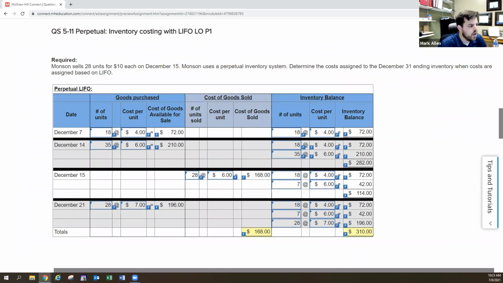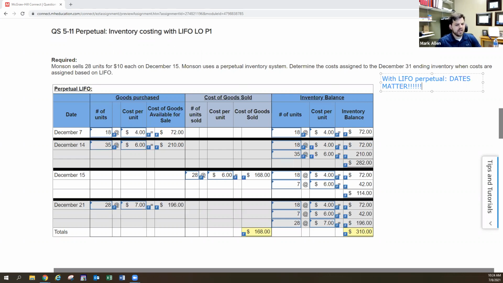Once again, perpetual. Now, the reason this matters so much in this case is that with LIFO perpetual, there's a key thing that I want you to remember. With LIFO perpetual, dates matter. I cannot emphasize that enough. Dates matter. Under perpetual FIFO, I don't really care about dates.